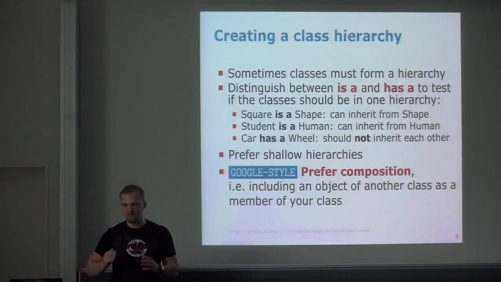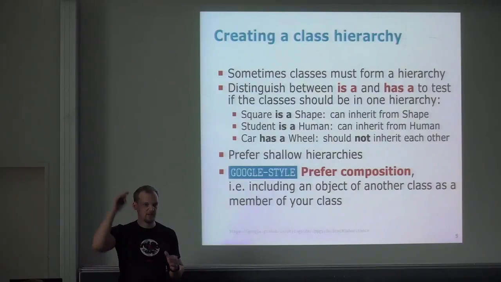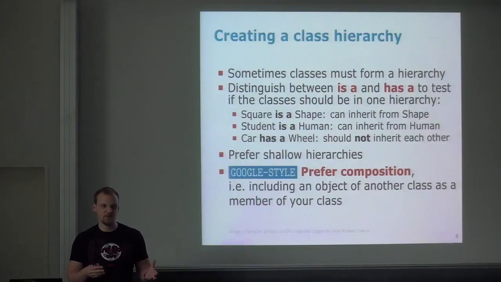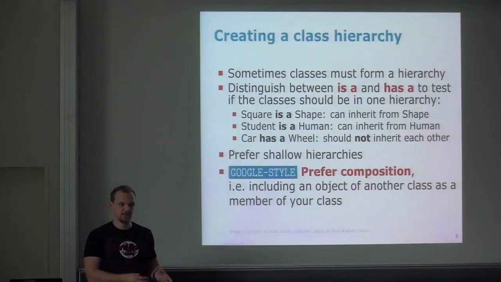So if you're tempted to do a deep hierarchy of classes at some point, try not to do it. Usually prefer composition. Composition means including an object of another class in your class.